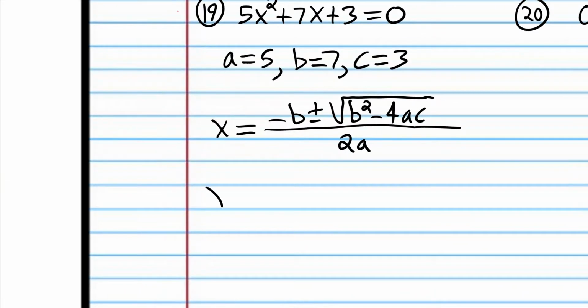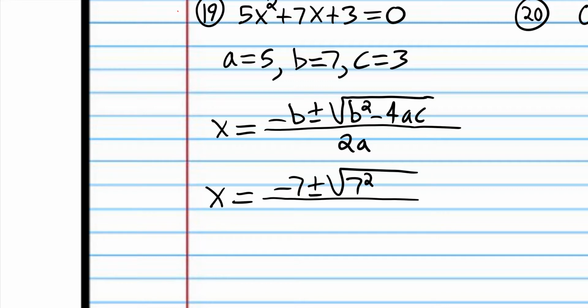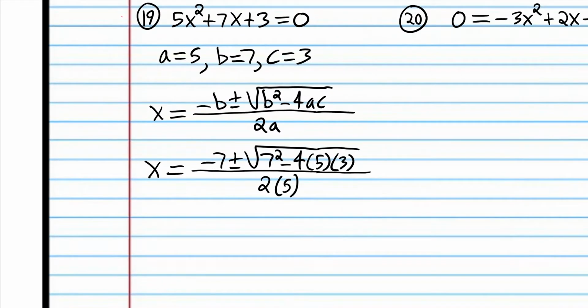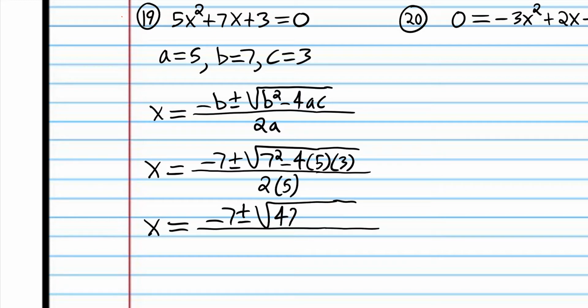Okay, and once again we'll just plug in the numbers. -b plus or minus root b squared minus 4 times a times c, all over 2 times a. And now we just simplify, and what you're going to find is that inside the root we have a negative.